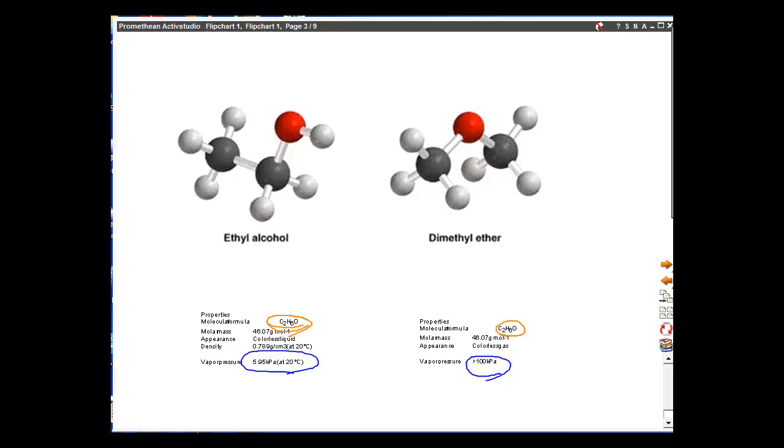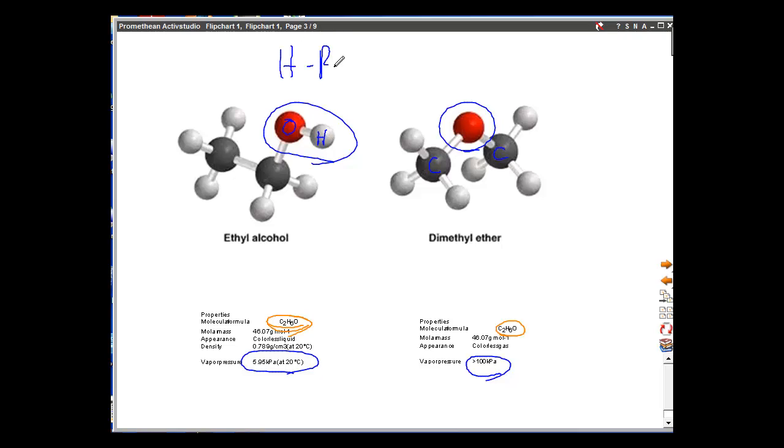The reason why is, if you notice, here your oxygen is attached to 2 carbons, but here you have your oxygen attached to your hydrogen, so you actually have hydrogen bonding in ethyl alcohol, whereas no hydrogen bonding in dimethyl ether, but we do have a dipole-dipole IMF here.